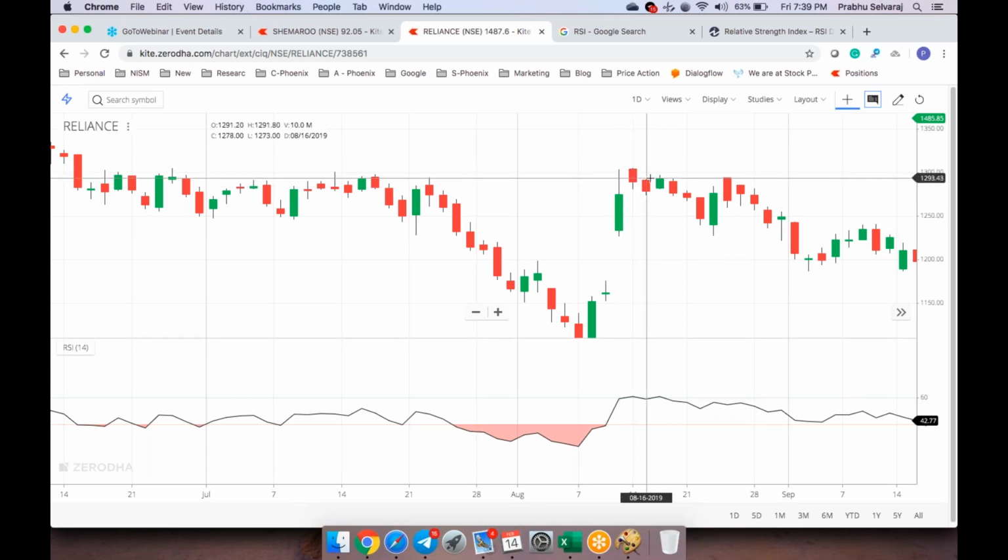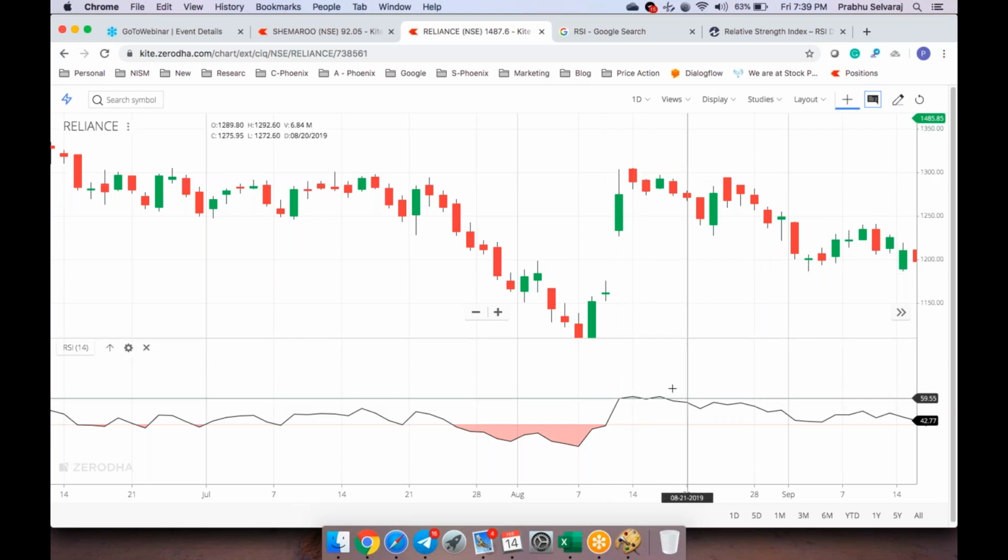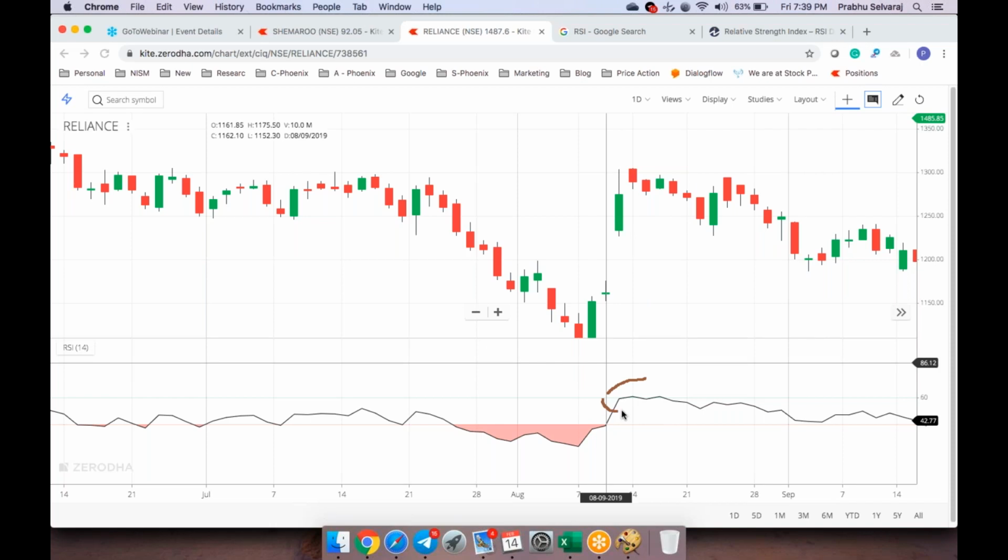Even though for the candlestick reversal pattern I gave an entry here, reversal confirmed here, you have to exit. Reason being, the RSI is not able to cross 60. When the RSI is not able to cross 60, it means that this is providing a resistance.